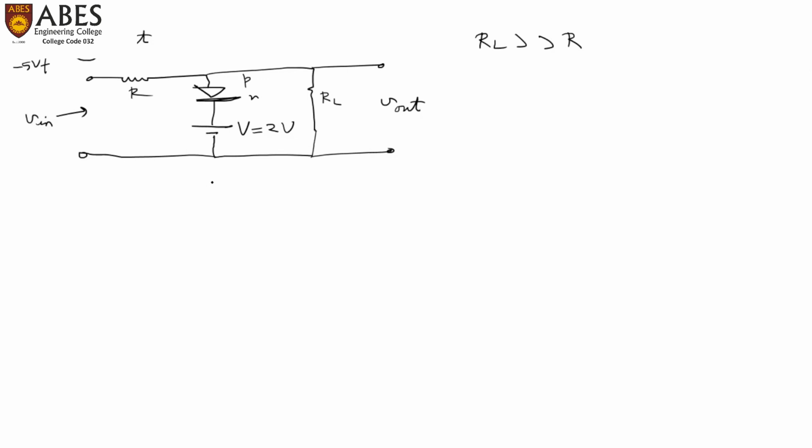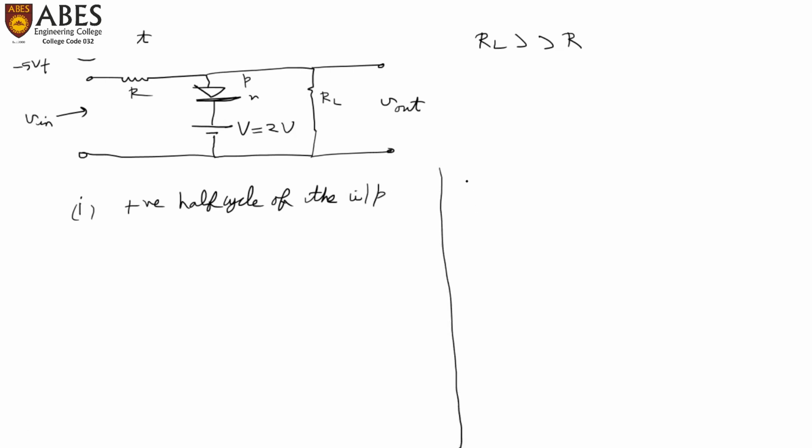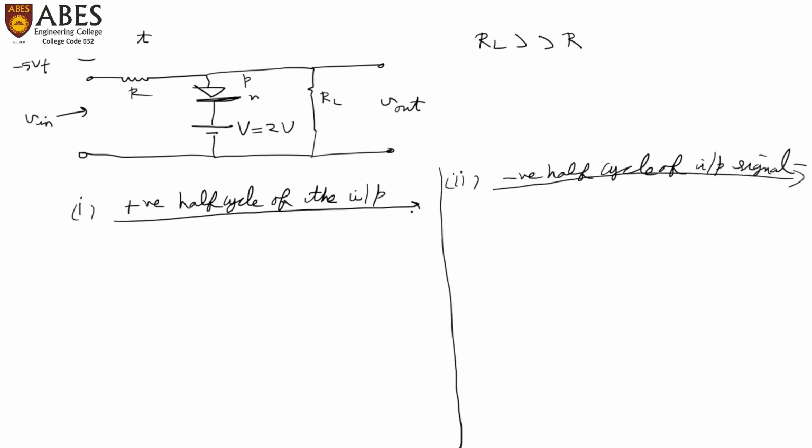So the first case we will analyze is for the positive half cycle of the input signal. It is totally the same as what we have done in the past. We will analyze for the positive half cycle as well as for the negative half cycle of the input signal.